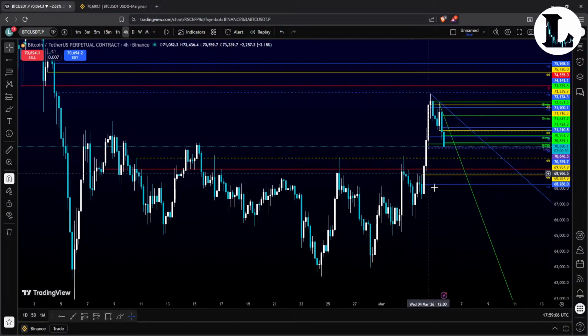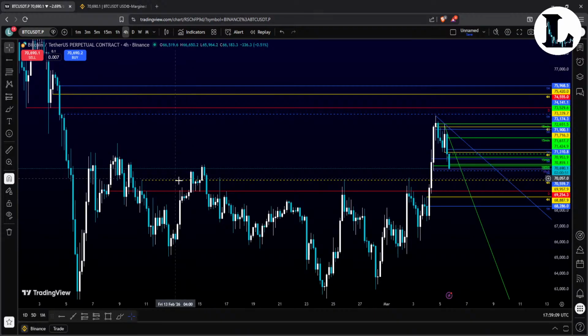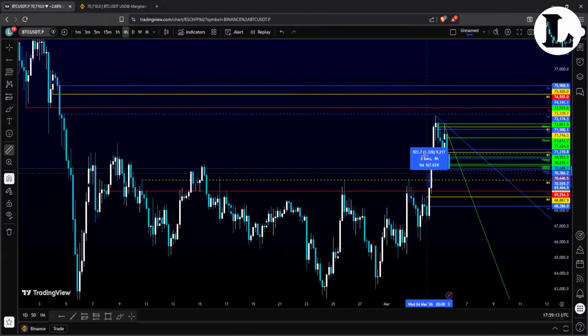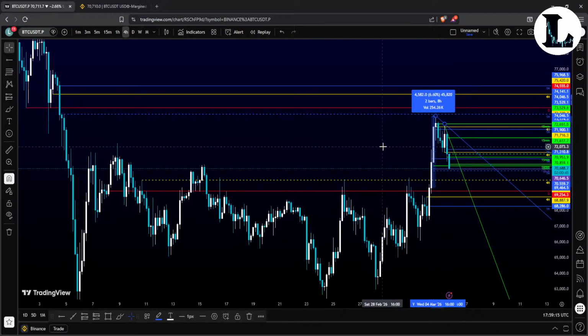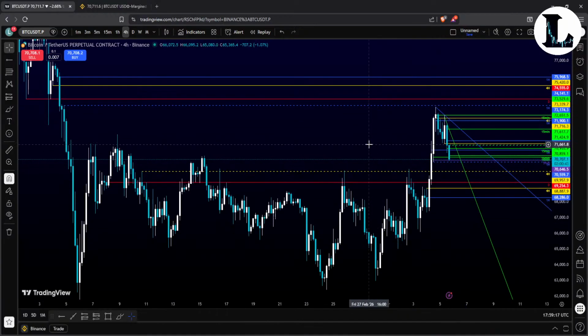5.7%. Okay, and when we break that liquidity, we are going to have a strong move up, and we went up 6%. Okay, so liquidity level is this, guys. Really simple. We can have two reactions on a liquidity level.